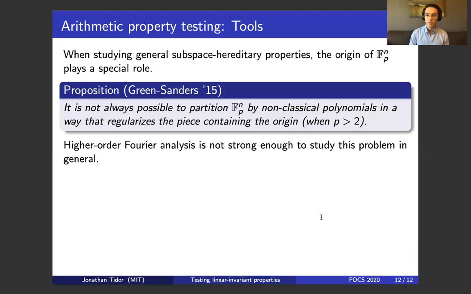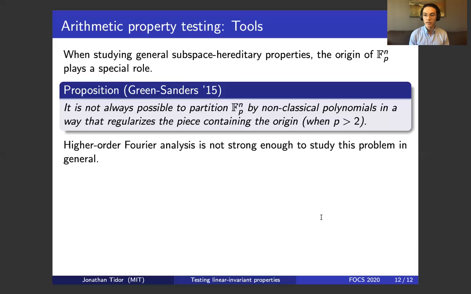When you have a translation invariant property, all the points play the same role. The origin isn't special anymore. And then it's okay that you can't regularize near the origin, because you can just ignore that part of the space, and it turns out that it's okay.